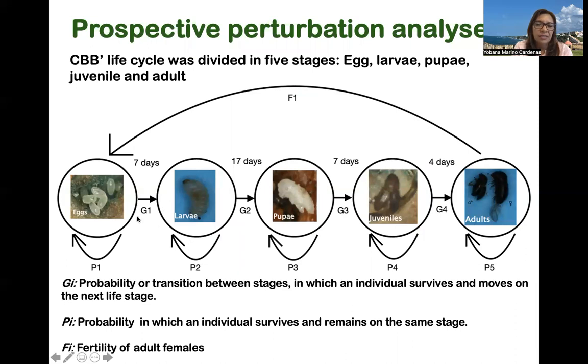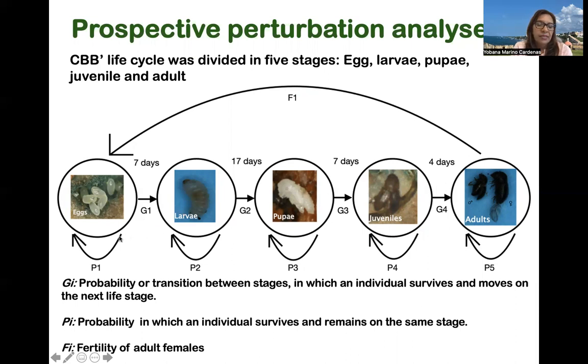We used these values to calculate the value of GA. We divided the number of larvae by the number of eggs, and we found the value of GA, or probability to survive as egg and move into the larvae. And we did the same for the other stages.